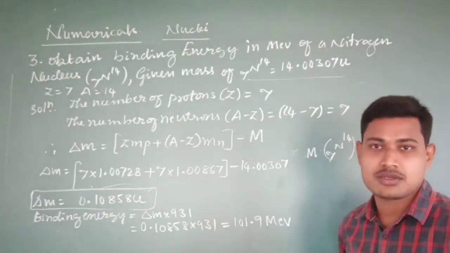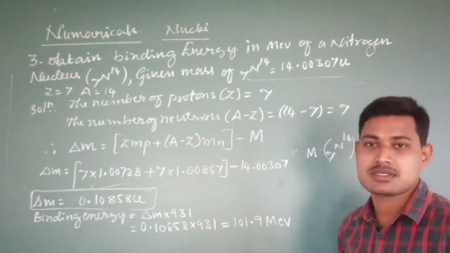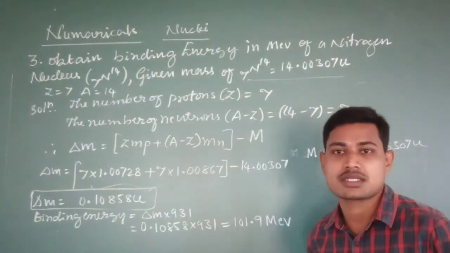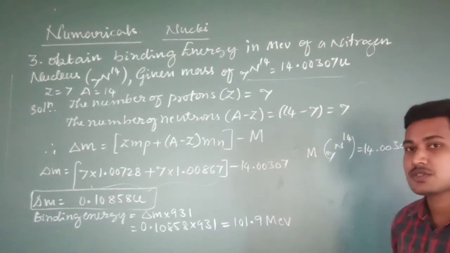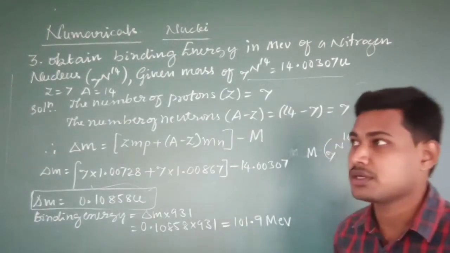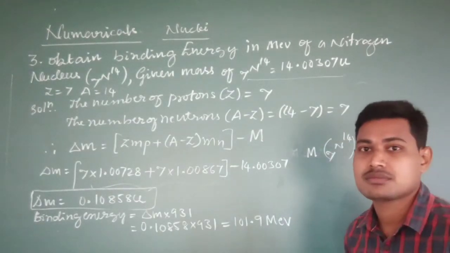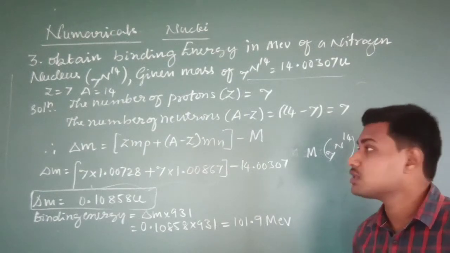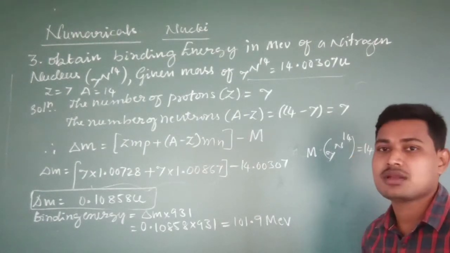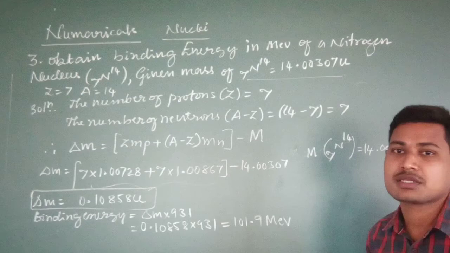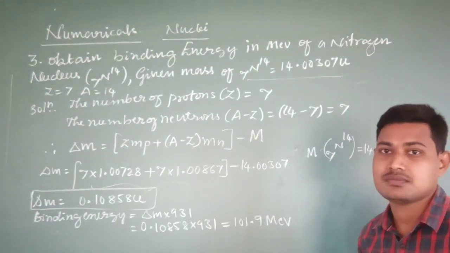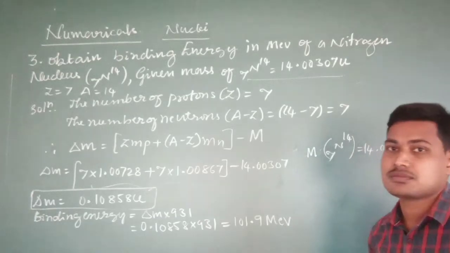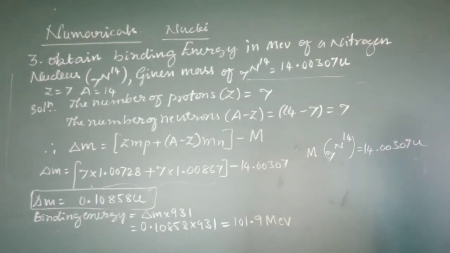Then you will definitely be able to solve the numericals. Otherwise, solving numericals becomes a bit tough if you don't know the theory behind them. So try to understand the concept first. This is the third numerical, for finding the binding energy and mass defect of the nitrogen nucleus. Try to go through this.